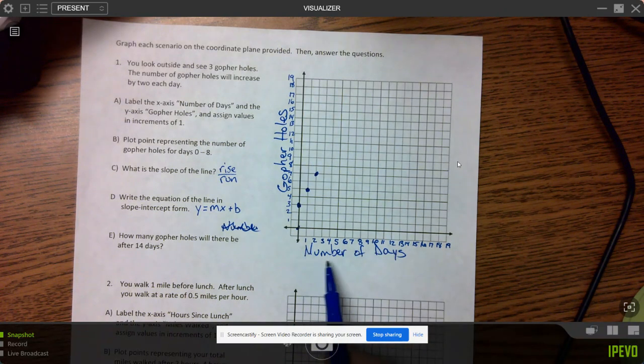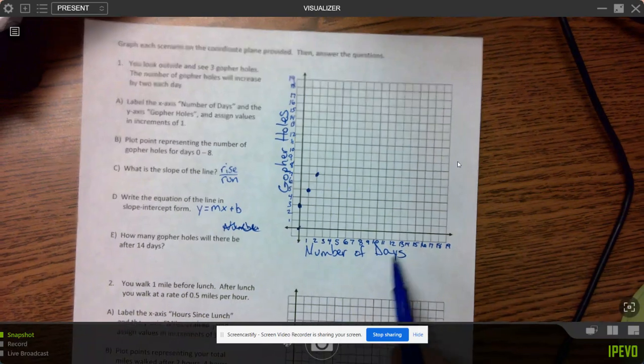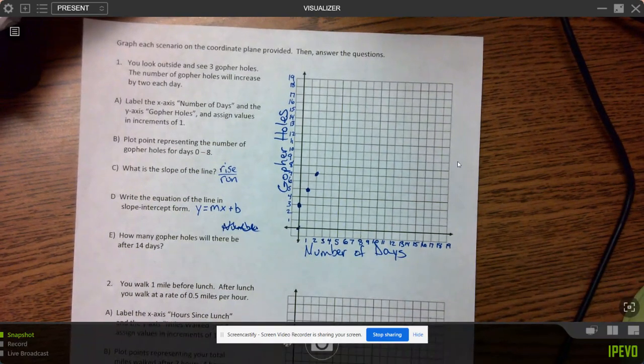So number of days, if we go out to 14, in order to know what the Y is, we need to put the 14 in for the X. So you find your slope-intercept form with the slope and the y-intercept. Then you put in the 14 for the X, because number of days is our X-axis, and that'll tell you what the Y is. That'll tell you how many gopher holes.